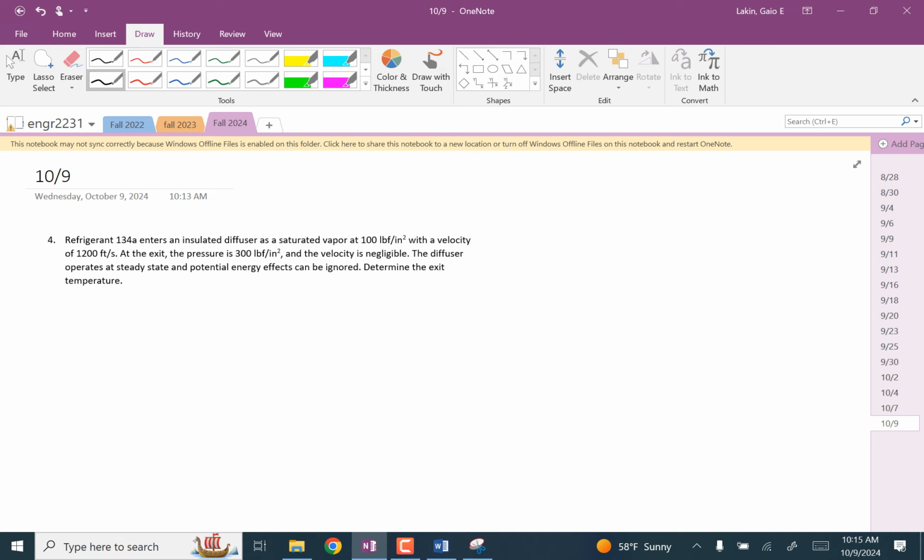So I'm going to start with the full form. It is steady state. Potential energy effects can be ignored, I guess. At the inlet, there is a speed we have to take into account.